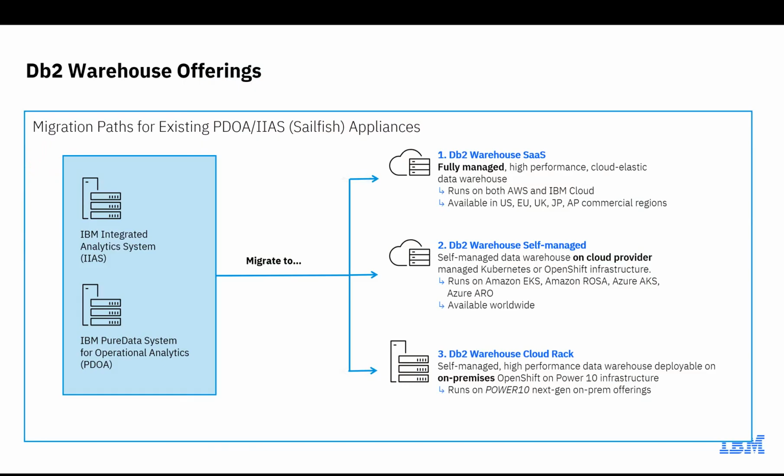And if you're looking for more of an integrated hardware and software premise, we have what we call our Cloud Rack. This is a P10 offering, which bundles a predefined set of hardware that we've tested to a certain performance capability with the Db2 warehouse container technology, to provide one offering that has been tested together.